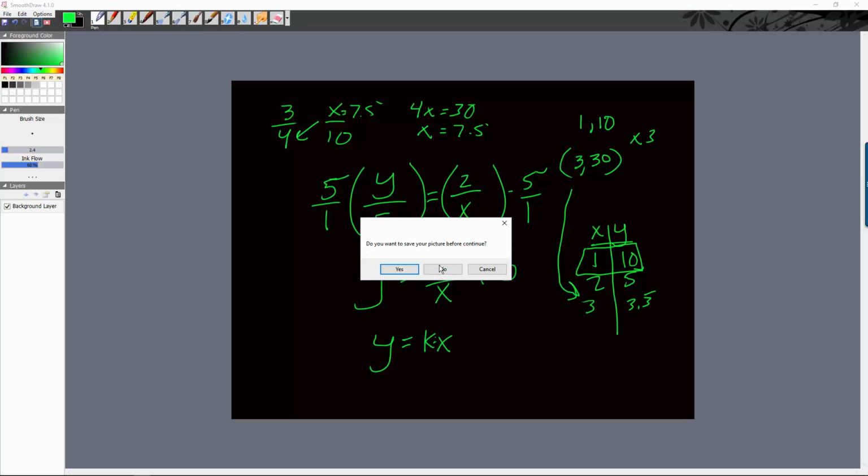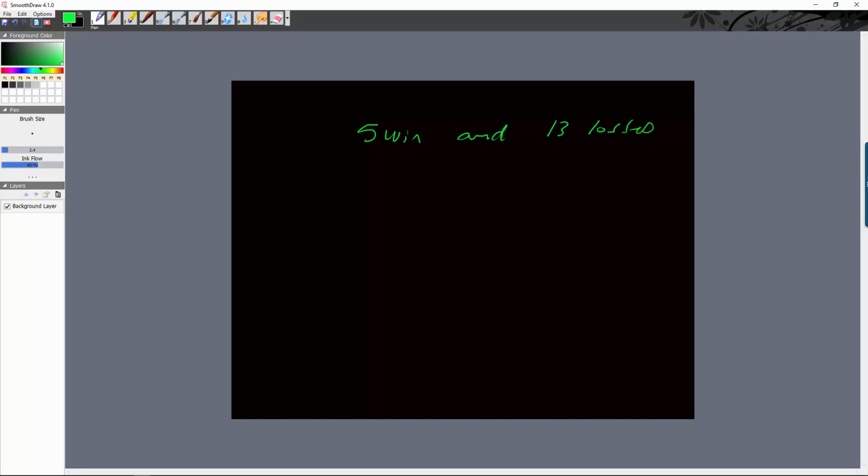So for instance, if I said that I have 5 wins and 13 losses, how do I set that up as a fraction of wins to losses? Well, as a fraction of wins to losses, it'd be like 5 over 13. If I said wins to total, think about how that's different. Wins to total, that would be 5 over, what is 5 plus 13?